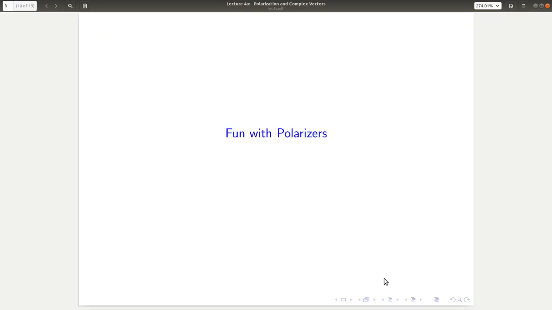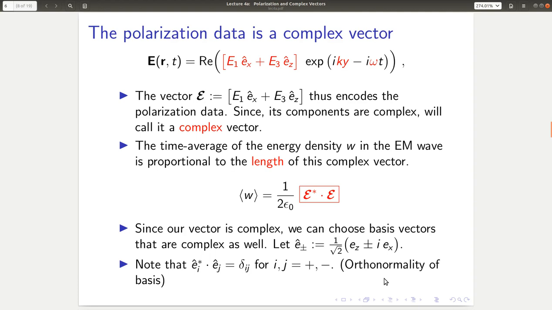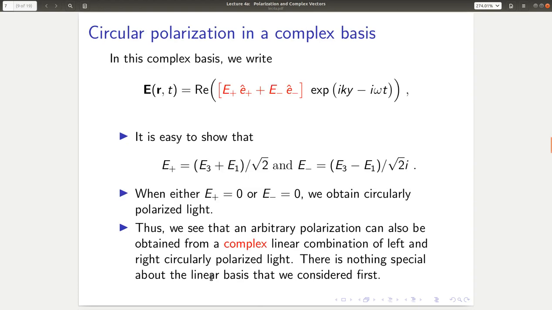So at this point, we have seen how the fact that we have complex vectors means we can choose basis vectors which are complex valued objects, and the only thing we need to do is to be careful to include the complex conjugation in the inner product or dot product of vectors.